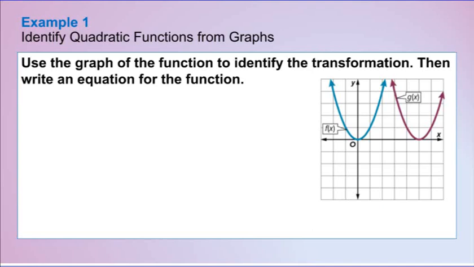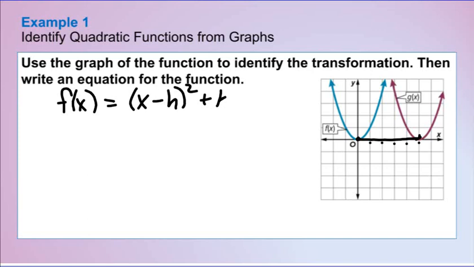So first example, use the graph of the function to identify the transformation, then write an equation for the function. You can see here's the parent function. The vertex moved to the right, and it moved 1, 2, 3, 4, 5 spaces to the right. And remember our format, f of x equaling x minus h squared plus k.